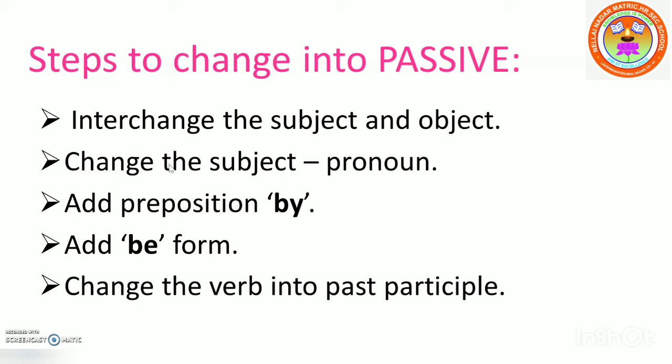Next, we should change the subject, which means pronouns. In case pronouns are used as subjects in sentences, then we should change the pronouns into their objective case in passive voice. Then we should add a preposition by before the subject in passive voice.